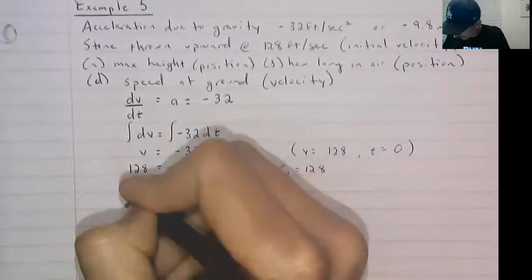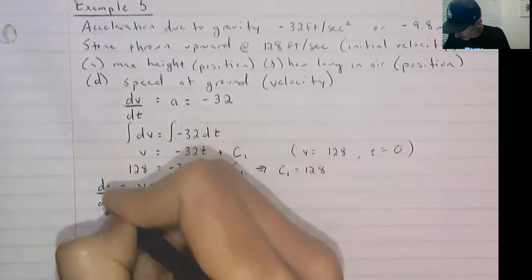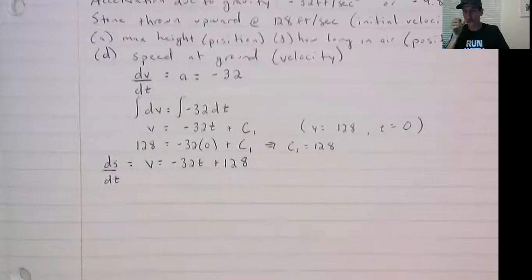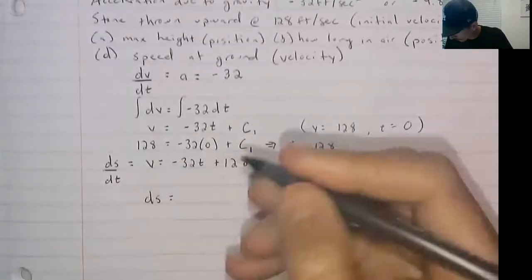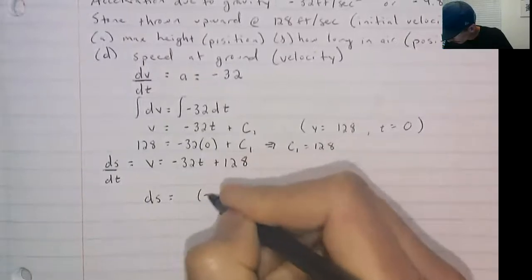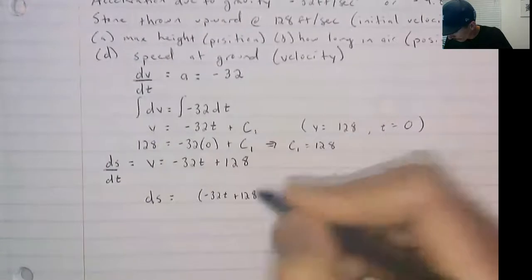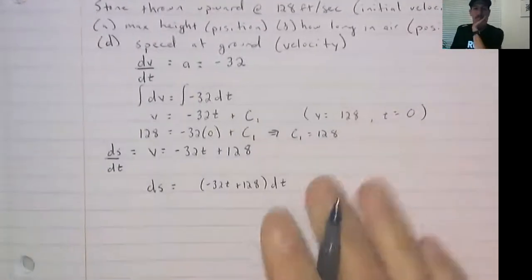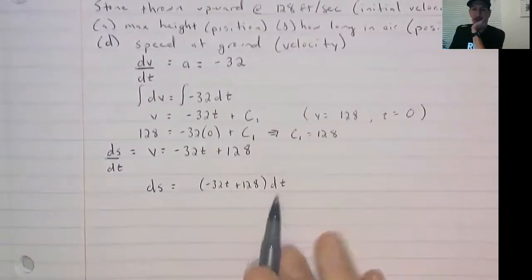But we need to do this again because the velocity itself is the derivative of the position, otherwise known as ds dt. And so then we can separate this again and see that ds is equal to negative 32t plus 128 dt. Successfully separated, just s is on the left, just t is on the right.